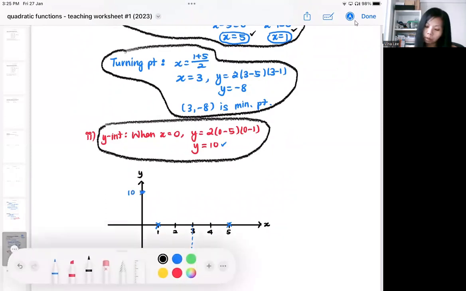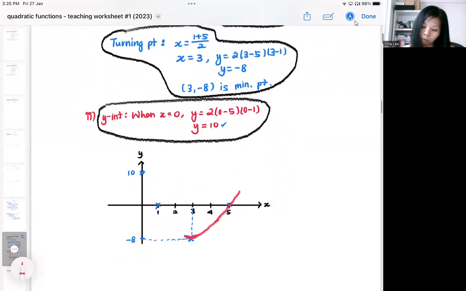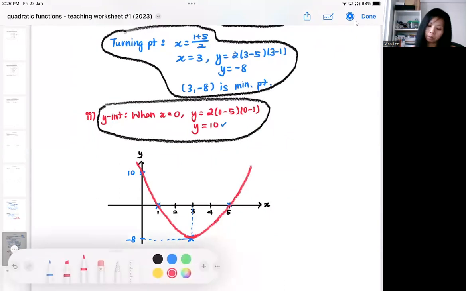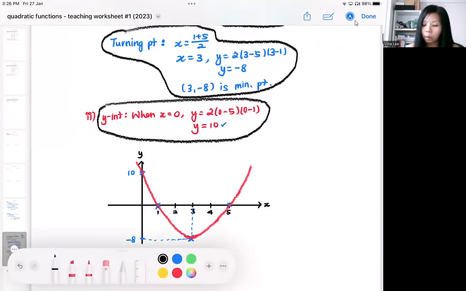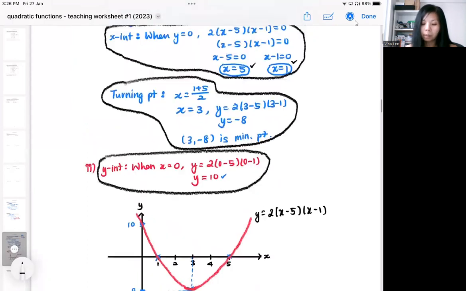Then I will go about joining up. When I join up, I actually start from here. You should be able to join them up smoothly. That's how I get the sketch, the process of getting the sketch. It's a standard process.